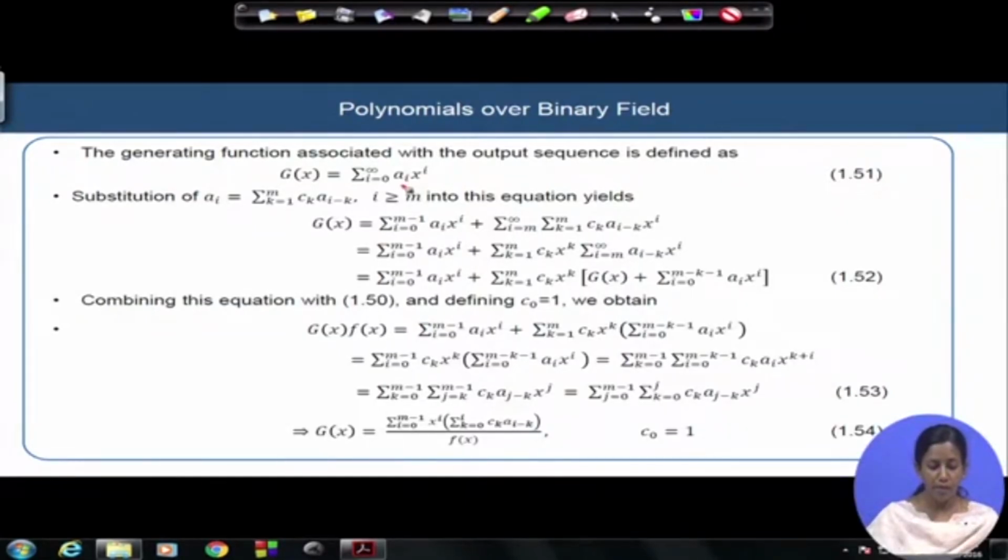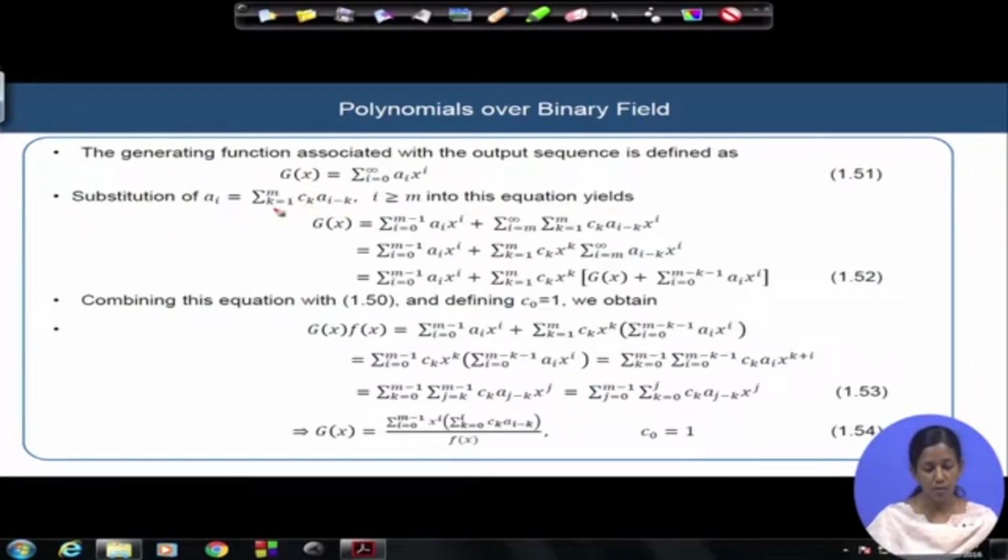We understand that this output a i has a linear recurrence relation, given by the summation of c k into a i minus k, with k from 1 to the stage number m, which generates my output sequence a i. This equation we established earlier when discussing the linear feedback shift register architecture.